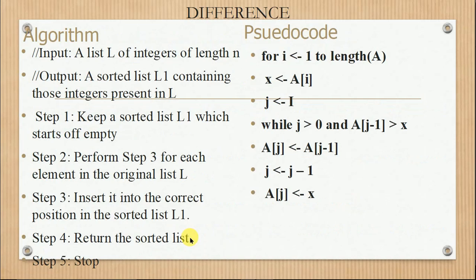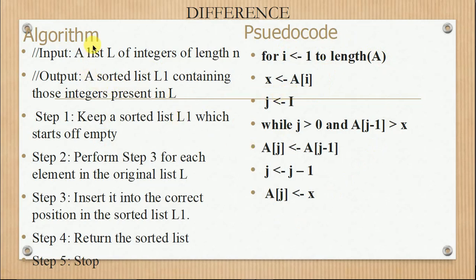So, for your clarification, I am going to cover two concepts here: algorithm and pseudocode. Guys, you are seeing here how the algorithm is specified in this way and how the pseudocode is implemented. Both are performing the same operation.